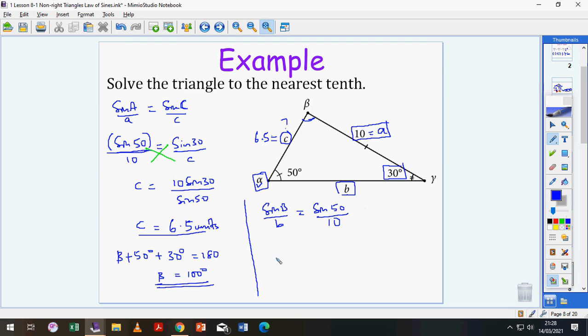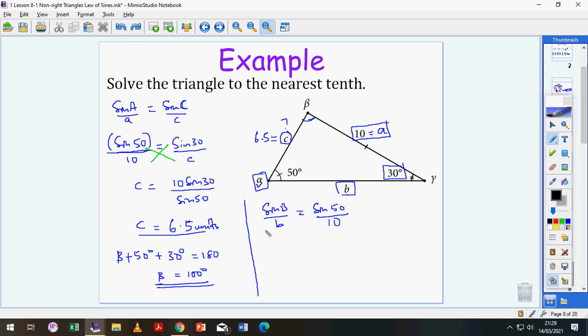Okay, again, I'm going to do the cross multiplication here. The B multiplies sine 50, and 10 multiplies sine B. Since I want to get B, actually I don't need to move the 10 at all, because the only thing I need to get rid of is the B from the sine B. Oh, sorry, I need to fill this in.